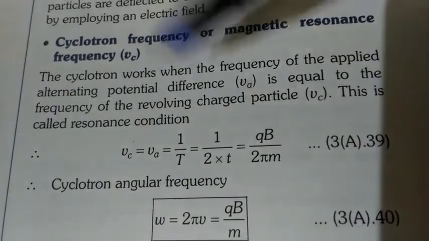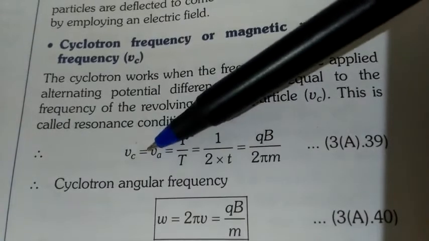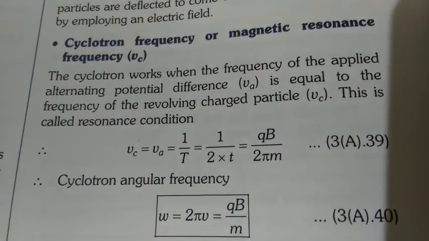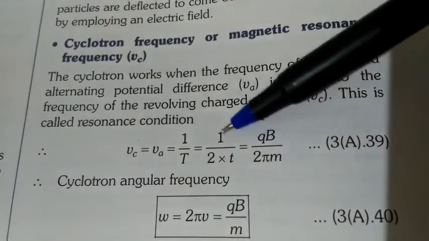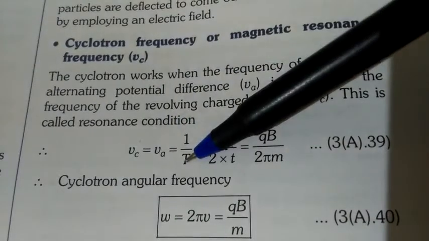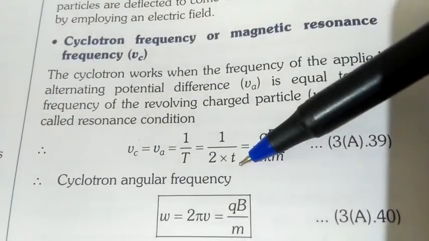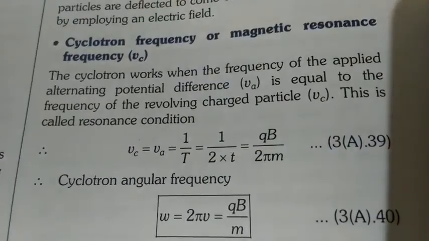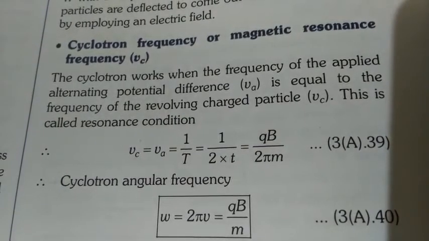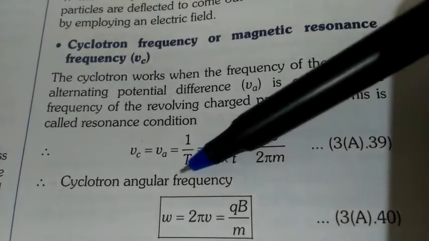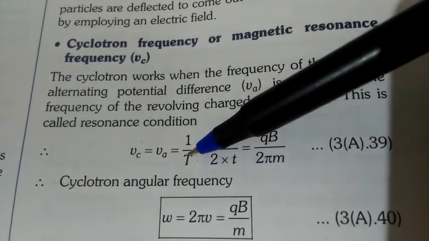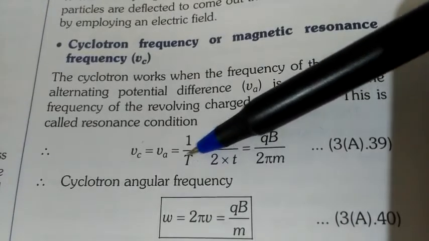This resonance condition is νc equals νa equals 1 upon T, frequency equals 1 upon time period. So 1 upon 2t we take. Why? Because the time period means 2 times small t. What is small t? It is the time taken by the particle to complete the semicircular path. When we are talking about the revolution, the total time period, we are not talking about the semicircular path but the full circle.